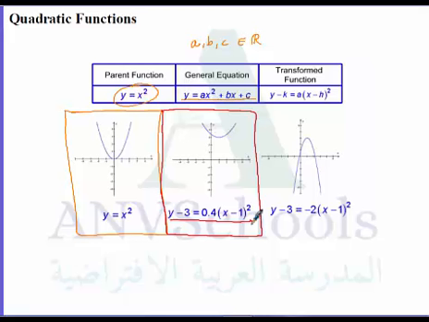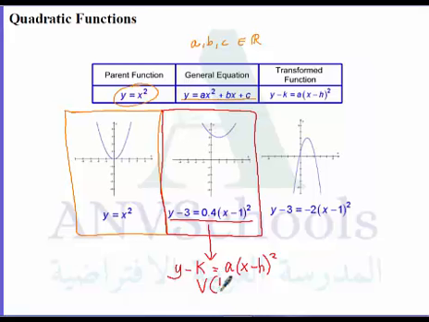And this is written in the vertex form, y minus k is equal to a times (x minus h) squared. That's the vertex form of the quadratic function.